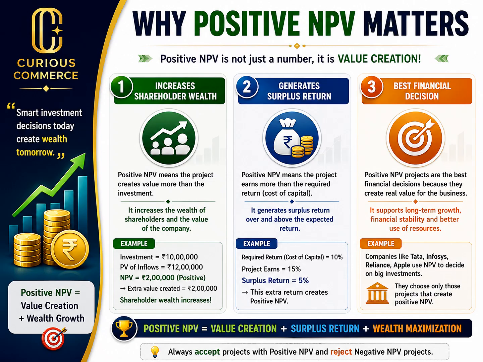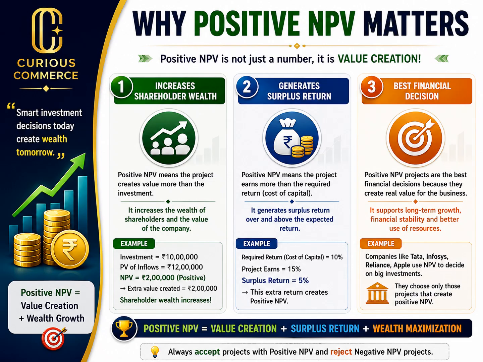Let us understand this with a simple example. Suppose the required return is 10%. After considering the project's expected cash flow and discounting at the required return, the project produces a positive NPV. That means the project creates shareholder value beyond the required return.